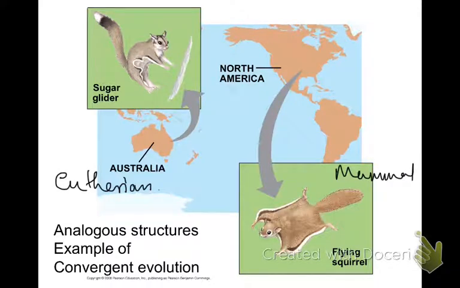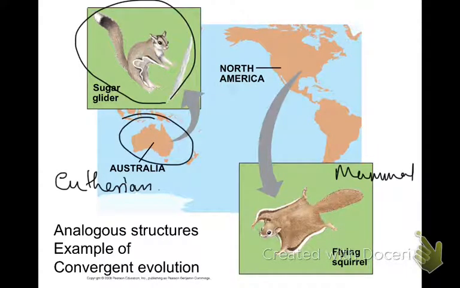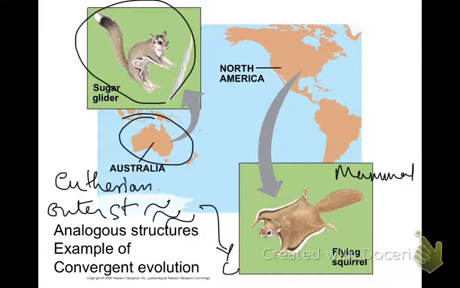Now this is a sugar glider, and it is found in Australia, and it can jump from one tree to the other. It has the same outer function. So the outer structure is very, very similar, but they don't have a common origin.